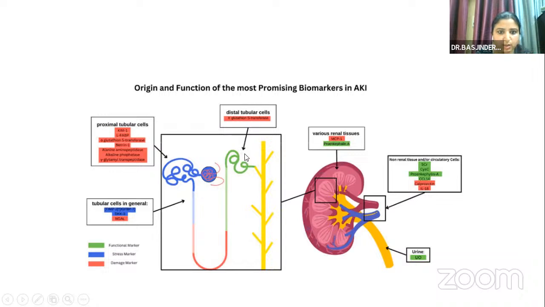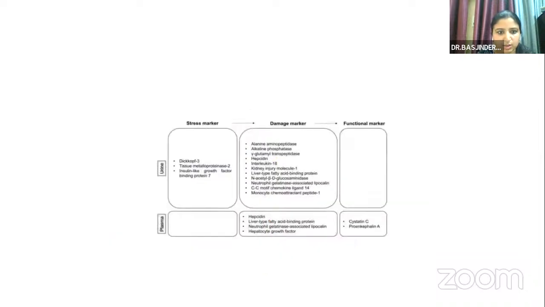Like the biomarkers of PCT can be alpha-GST, glutathione, and netrin-1, and NGAL can be for tubular cells in general, and distal tubular cells, and others like various renal tissues, not only the nephron, and non-renal tissues. It can be calprotectin, interleukin 18, and also CCL14, which was given by the RUBY study, and also a functional biomarker, that is urine output. So depending upon which part of the nephron the injury happened, it can be judged.